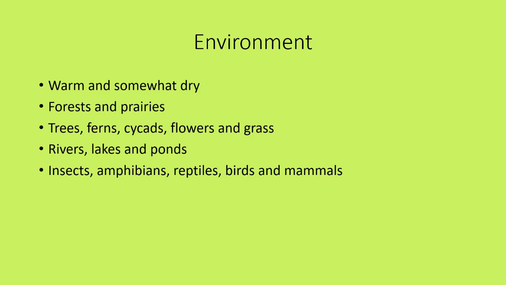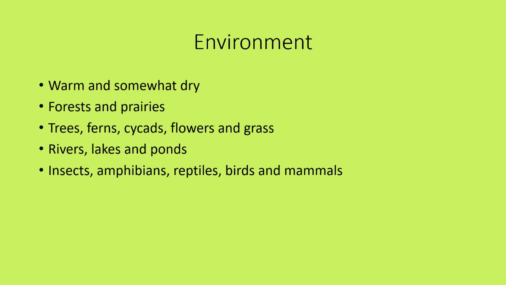Other animals would have been insects, amphibians, reptiles, birds, and of course, all other types of mammals. It's kind of weird to see no pterosaurs or dinosaurs at the bottom here, even though birds are considered avian dinosaurs.